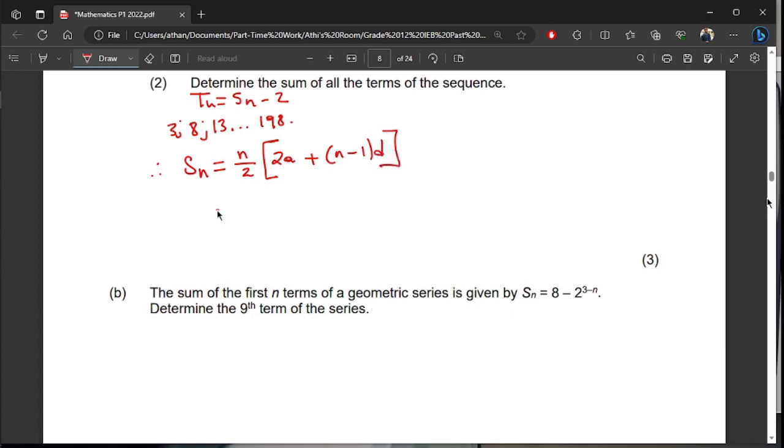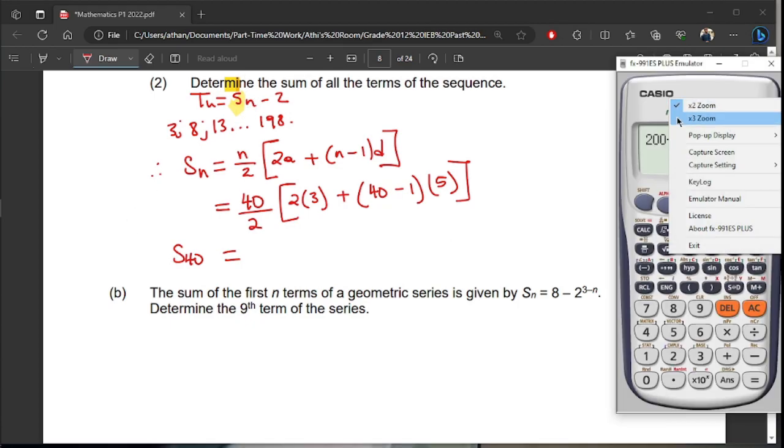So to find the sum here, we have 40 as our number of terms divided by 2 bracket 2 times a, where a represents the first term in the sequence, plus n, the number of terms once again, minus 1 multiplied by d, the difference. The difference is 5. Then the answer that we get here will be the sum of all the 40 terms.